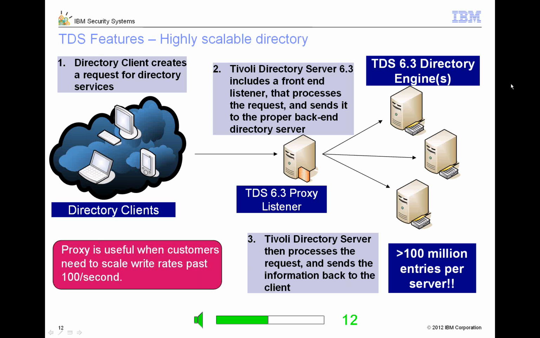So let's look at the high-level TDS features, starting with TDS proxy. I talked about proxy. The typical use case is if your enterprise has, say, 500,000 employees and say a few million subscribers, right?